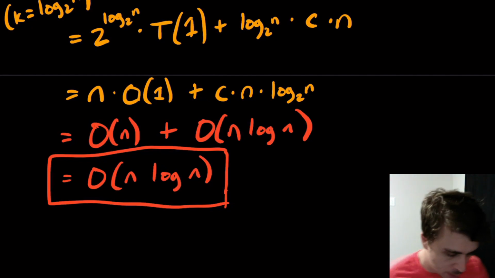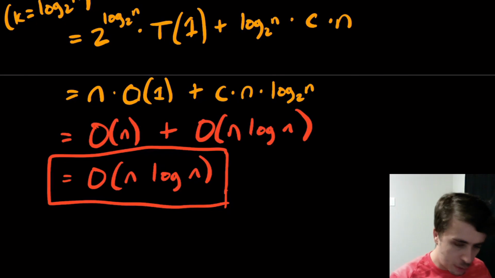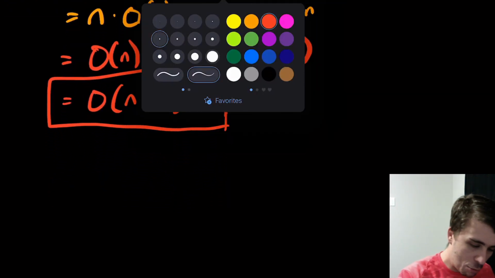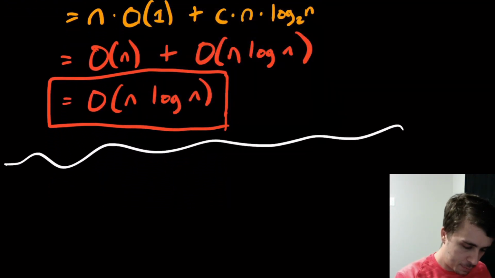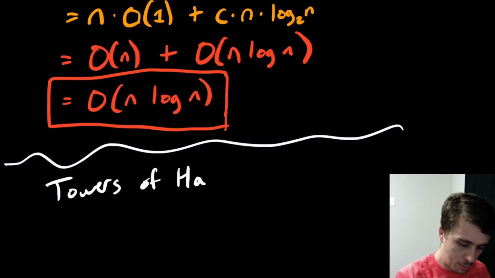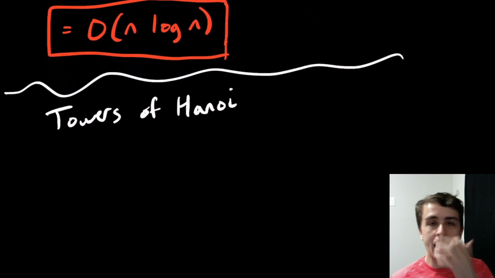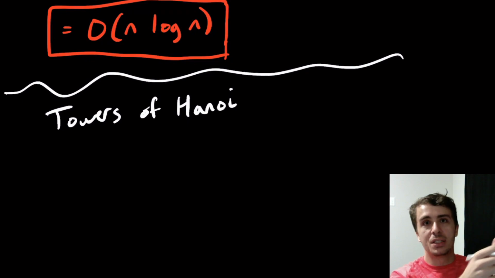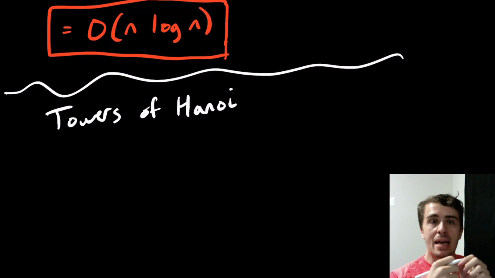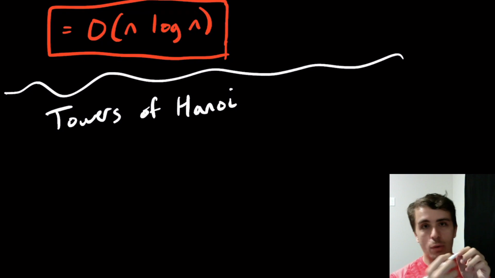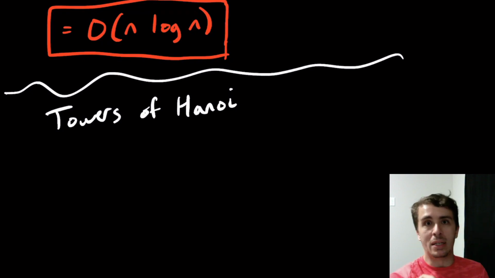Okay, so let's try to do Towers of Hanoi, the recursion for that. So remember what we did was we had 2 moves of n minus 1 things, and what we had additionally was that we had to move the big peg once.